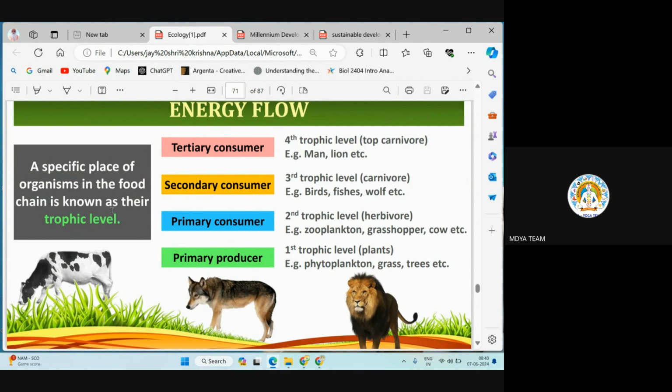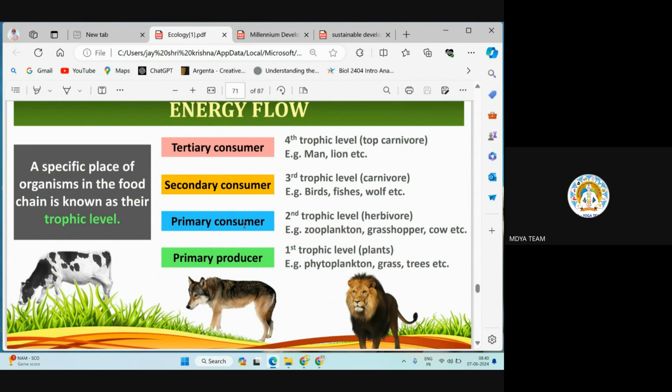So we already know primary producer, and on primary producer, primary consumer will feed and will take their food from primary producer. So primary consumer will be herbivorous animal.